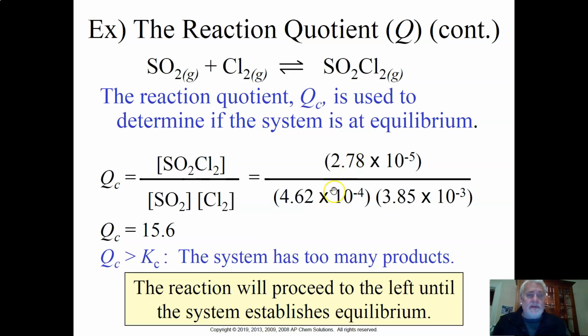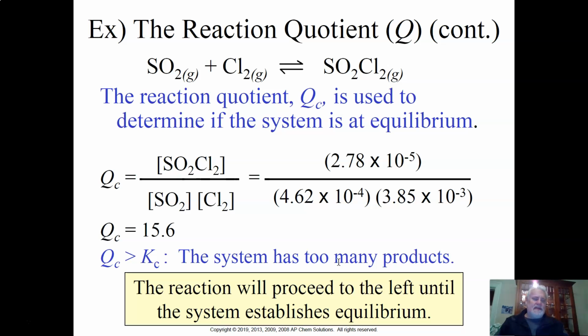So you plug in those numbers and you crunch away and just solve this like we've been doing with the problems up to this point, and you get a Qc value of 15.6, no unit. And you see that Qc is greater than Kc. That means this number on the top is too big, which means we've got too many products. So that's what this statement right here means.